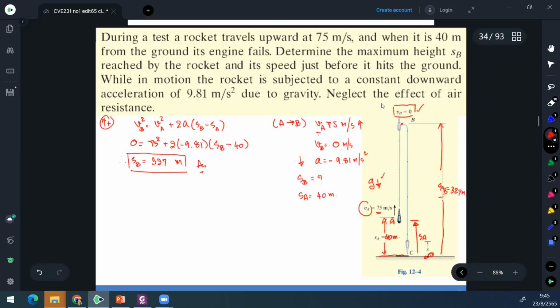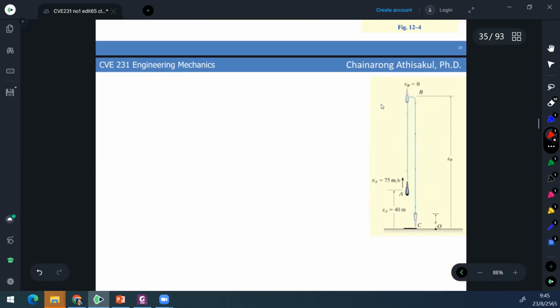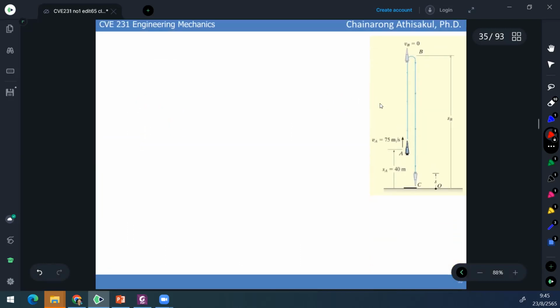Then we will consider the next step, when the rocket is at point B and starts moving down by free falling, moving back down to the ground at point C. So we will consider the motion from B to C.